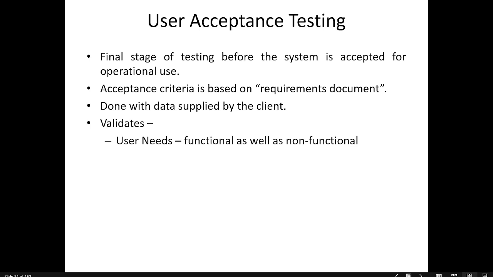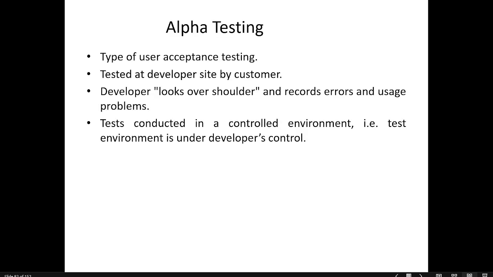One, the data which the team uses at the time of testing in the organization, generated by understanding the application, we call it synthetic data. And the one which is provided by the client is called the final data or the real data. It validates user needs, functional as well as non-functional.